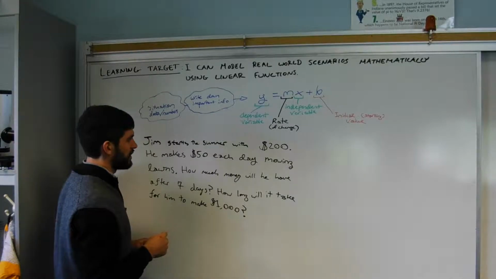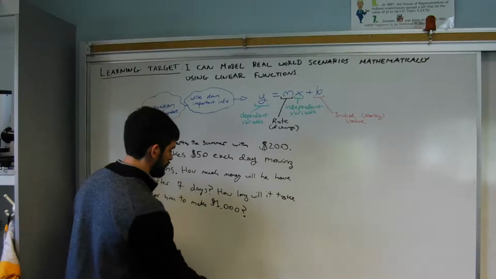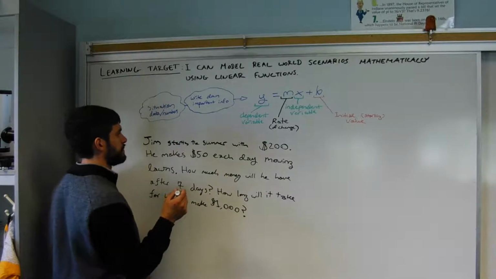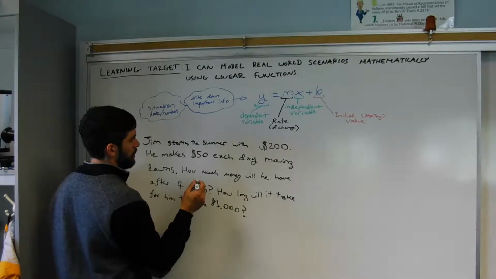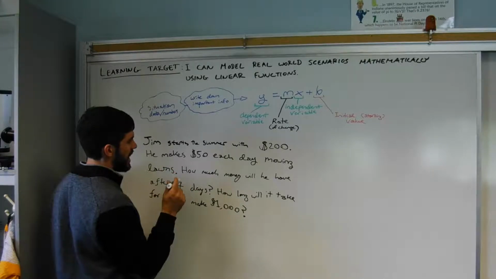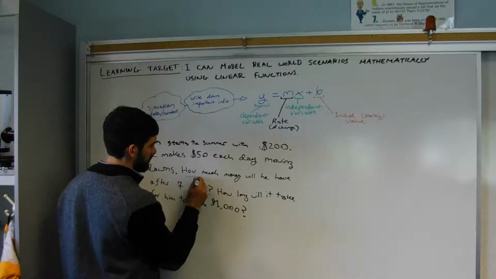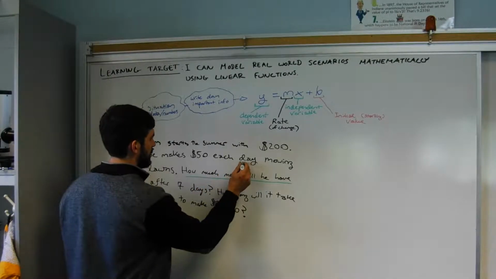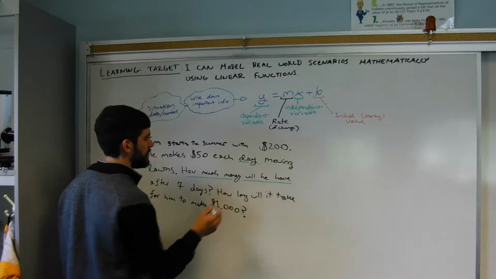First let's look at our variables. Our two variables are going to be the amount of money he has, and the time, or days.